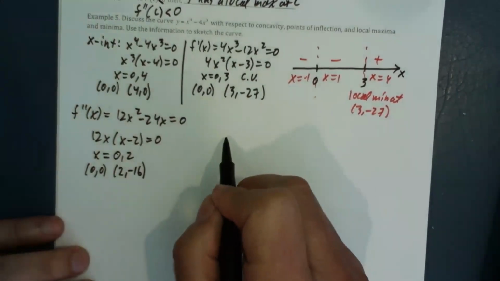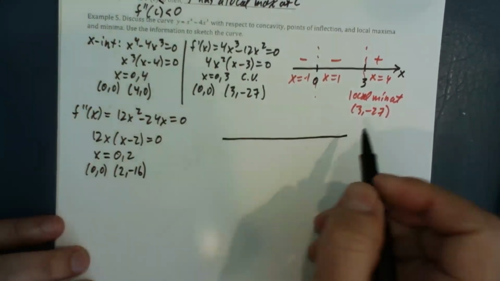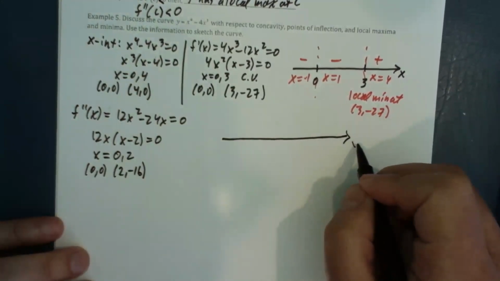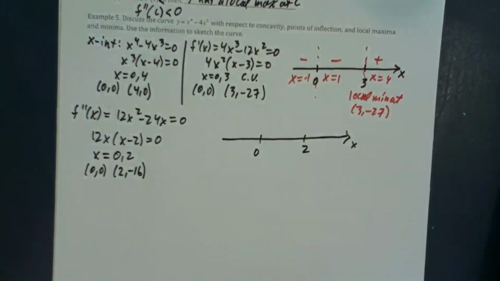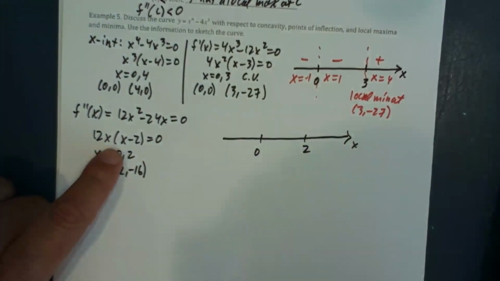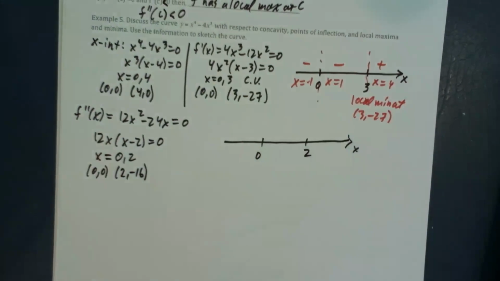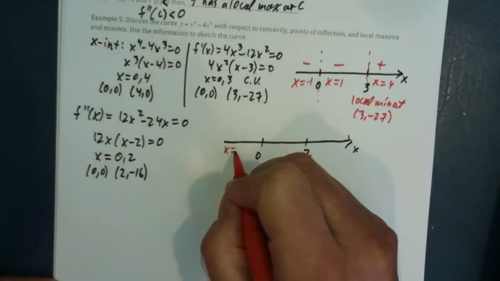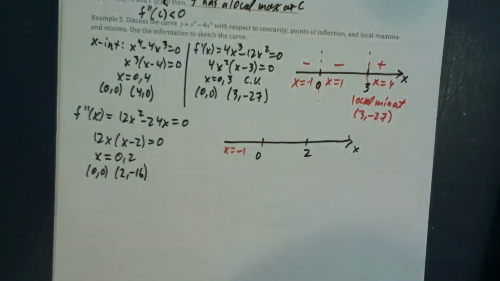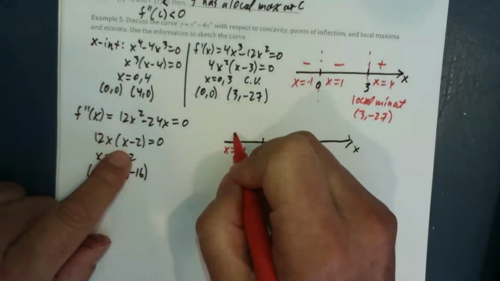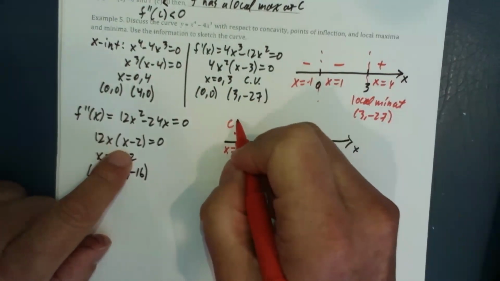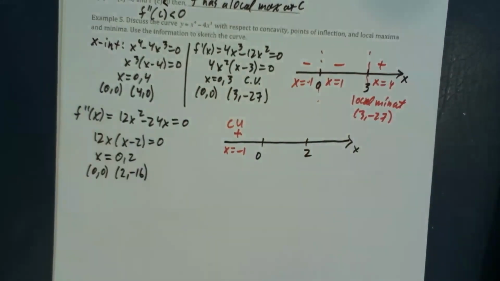And let's see what's going on here for our concavity. Again, we're testing here. So if we test x equals -1, say, let's see what happens. That's going to be a negative there. -1 minus 2 is -3. So that's going to be a negative times a negative. This means it's concave upward before 0.